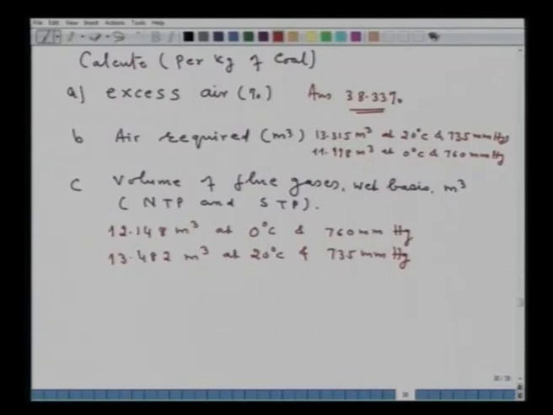Now, another problem I would like to give you, which I will partially solve and you partially solve yourself. The problem is as follows.